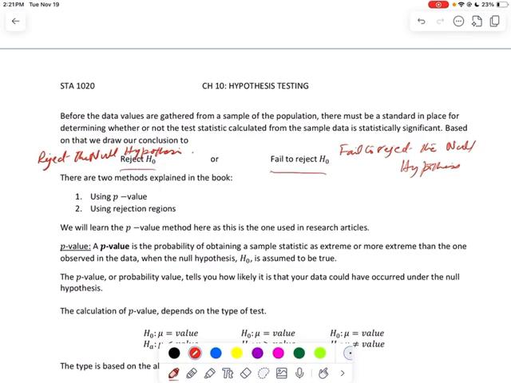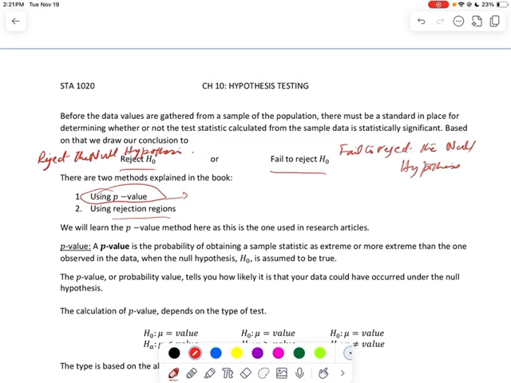Now there are two methods in the book explained: using the p-value and using the rejection region. We are going to concentrate on the p-value method. In the final exam and in the online homework, it is expected that you use the p-value, because if you use the other, there might be a slight difference in the answer.